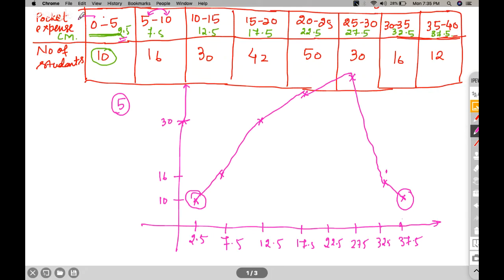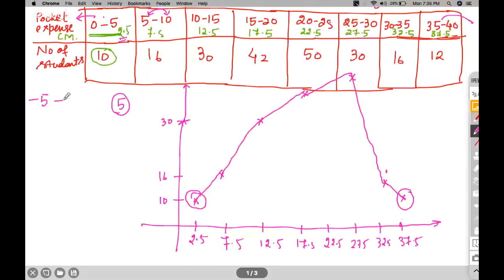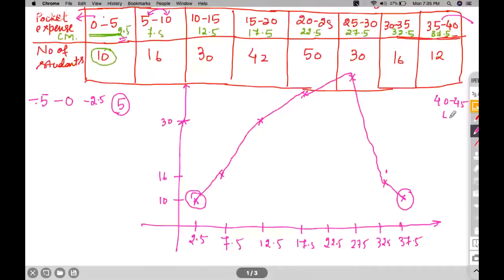So before it the class interval would be from -5 to 0, and after it the class interval would be 40 to 45. Now the class mark of -5 and 0 is -2.5, and the class mark of 40 and 45 is 42.5.